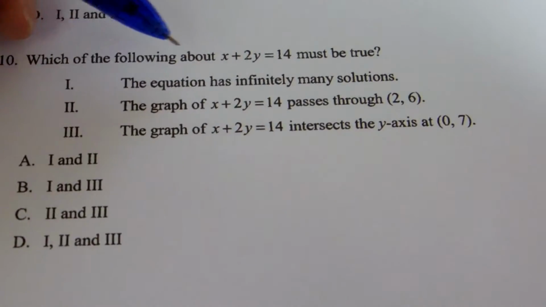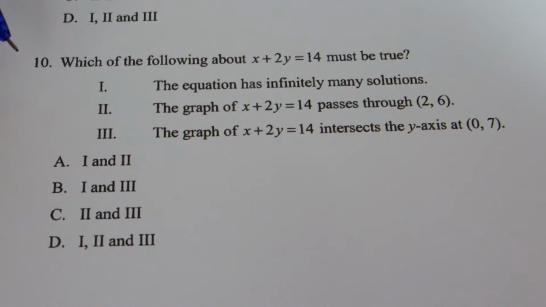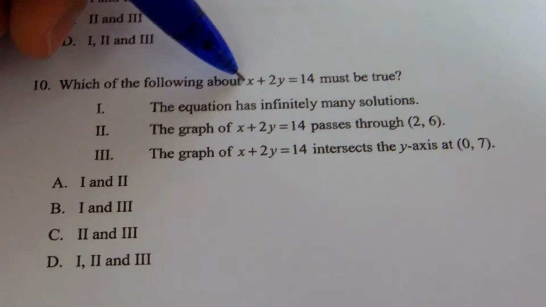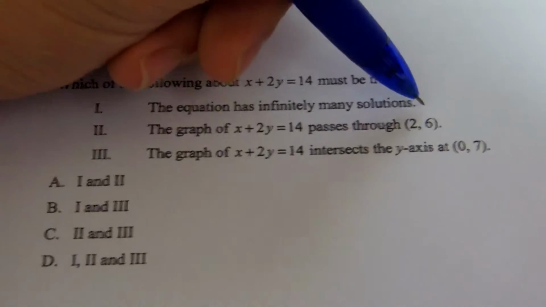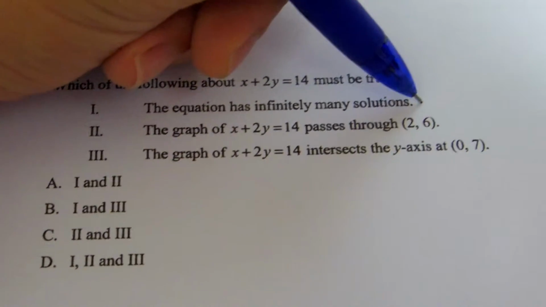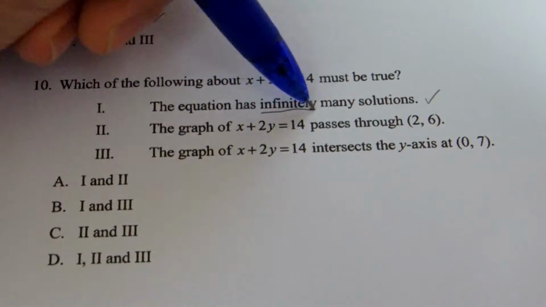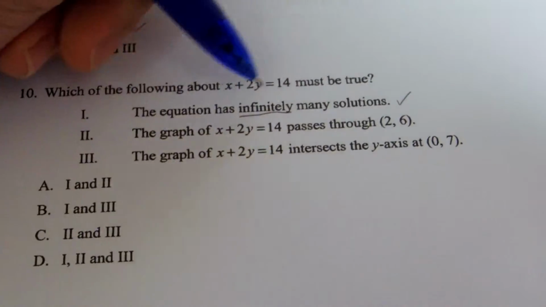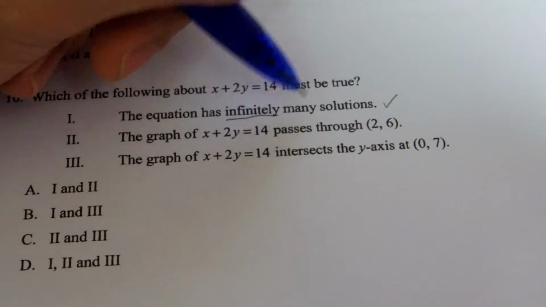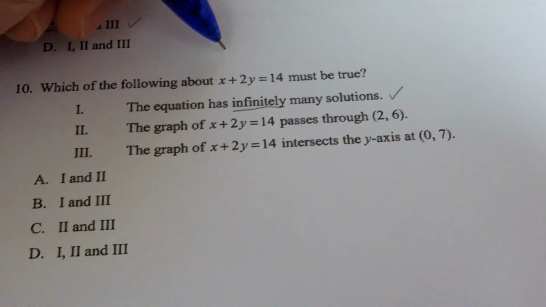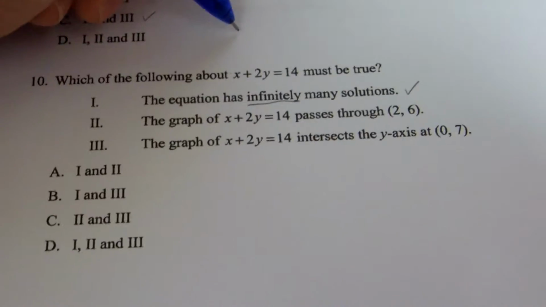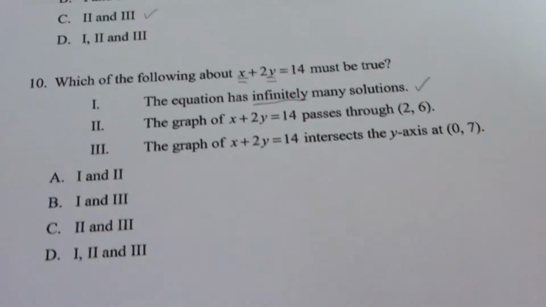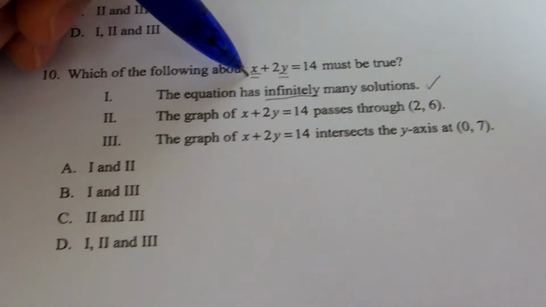How about this question? Question 10. Which of the following about this must be true? The first statement is correct. Infinite means countless, beyond counting. Infinitely many solutions. Why? Because there's no fixed answer. As long as x and y fulfill this equation, it could be correct.